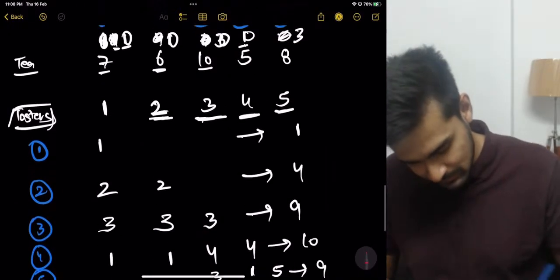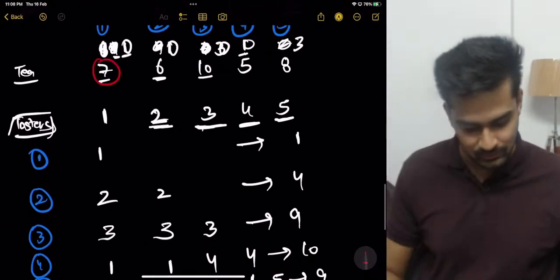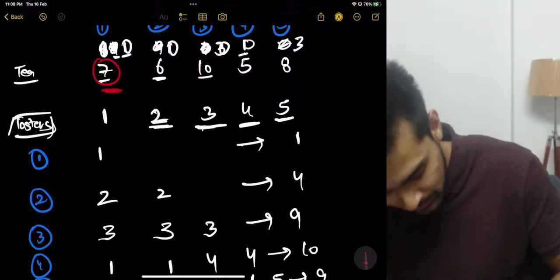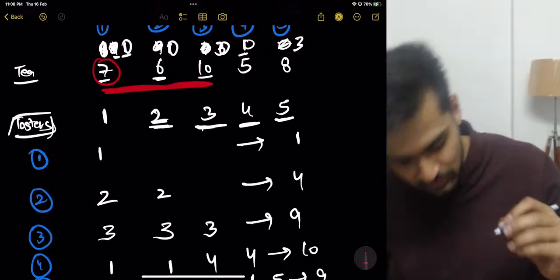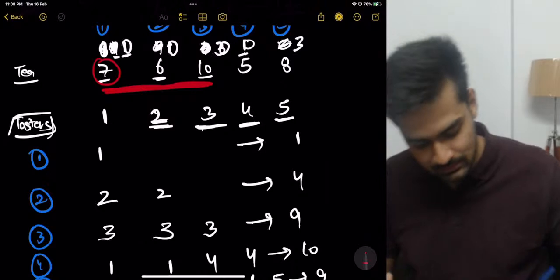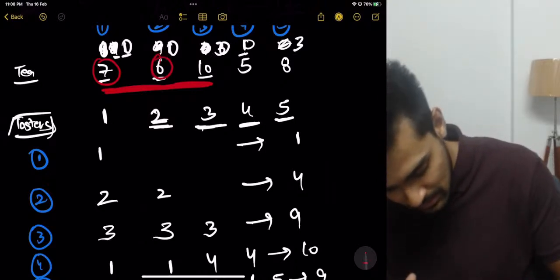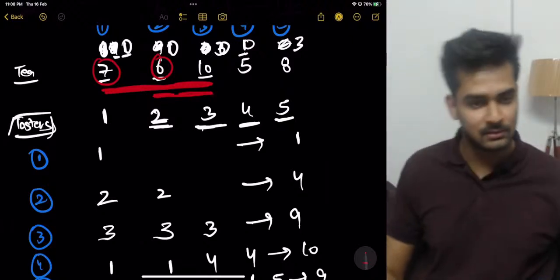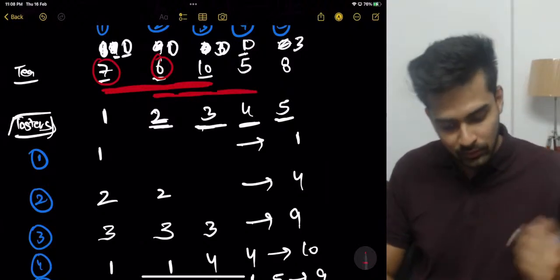If you look at this 7, who all drank from this 7? Person 1 drank, person 2 also drank, and person 3 also drank. Now, who all drank from this 6? From this 6, person 2 drank, person 3 drank, and person 4 also drank. Who all drank from this 10?